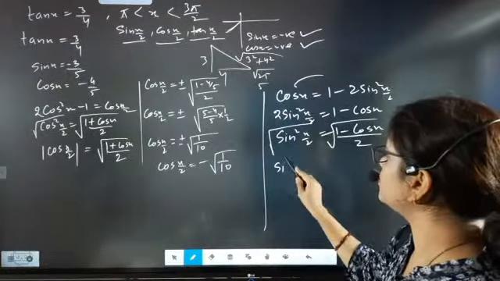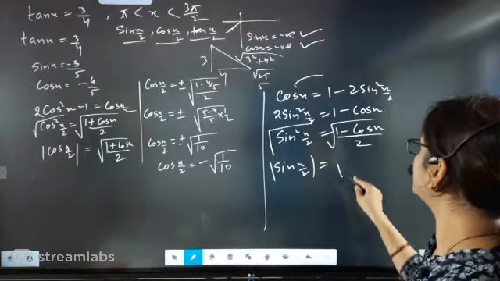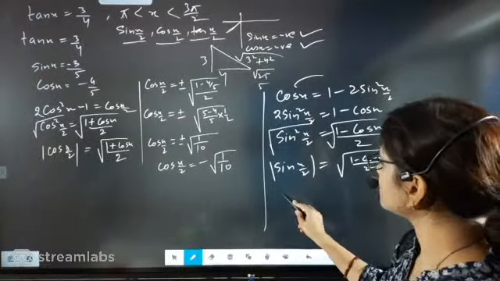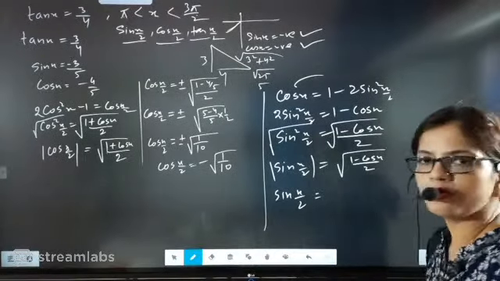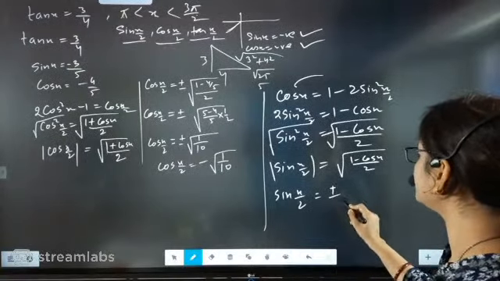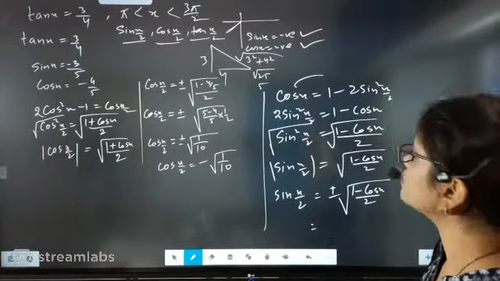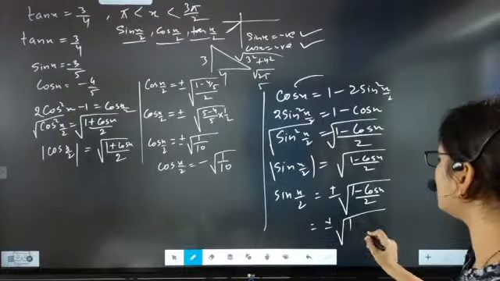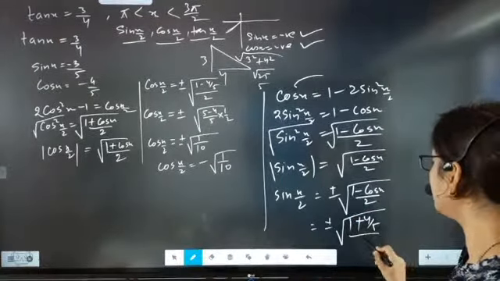Now it is again going to be converted into modulus, and when the modulus breaks, it will give you plus minus root under (1 minus cos x) by 2. Now cos x value is minus 4 by 5, so this time minus into minus becomes plus: (1 plus 4 by 5) by 2.